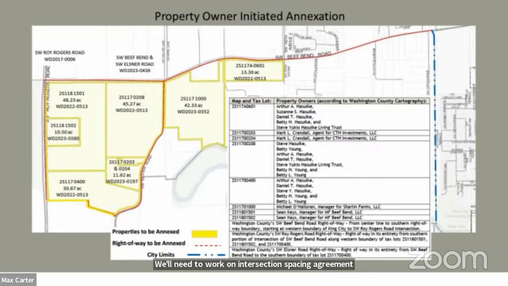Washington County's minimum threshold on an arterial is every 600 linear feet for access points. We're trying to make sure that we maintain that, and it's in our best interest to ensure the functionality of Beef Bend, to limit and discourage cut-through traffic. Fewer intersections means the arterial will function better.